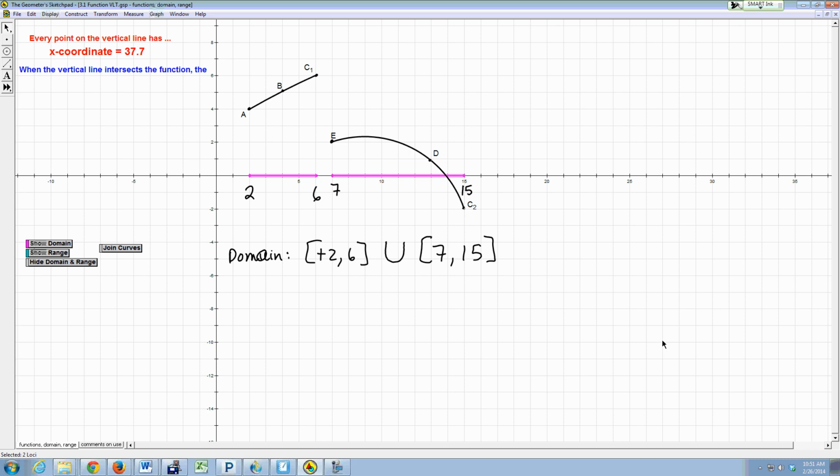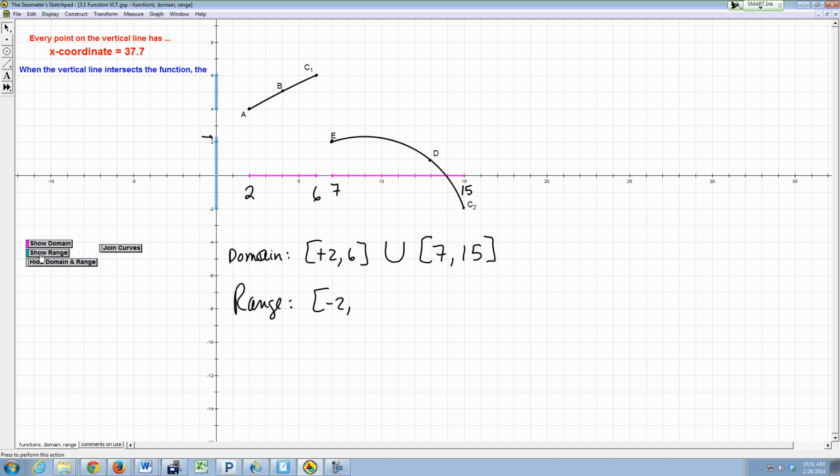Okay. So let's see what the range looks like. Okay, so there's the range. The low point of the range is at -2. And the range goes from -2 to just a little bit past 2.